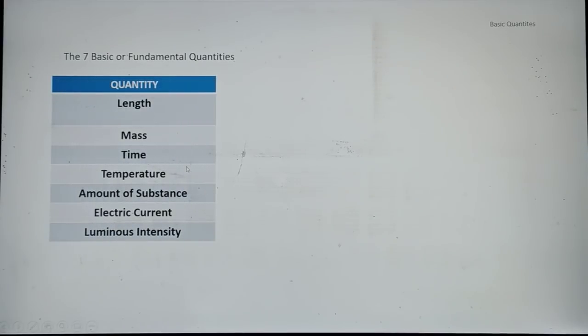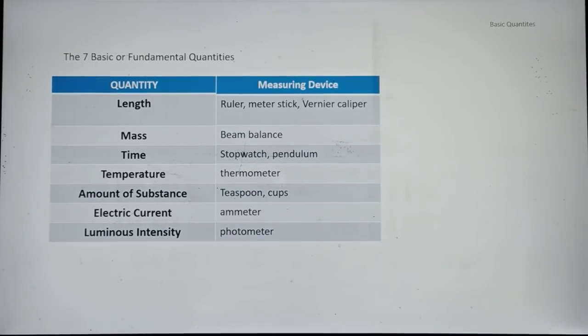There are 7 basic or fundamental quantities, namely length, mass, time, temperature, amount of substance, electric current, and luminous intensity. The measures of these quantities are obtained using a specific instrument, and each quantity is independent of the others.